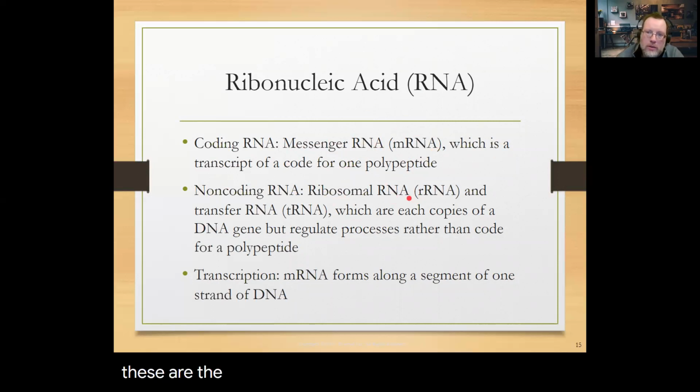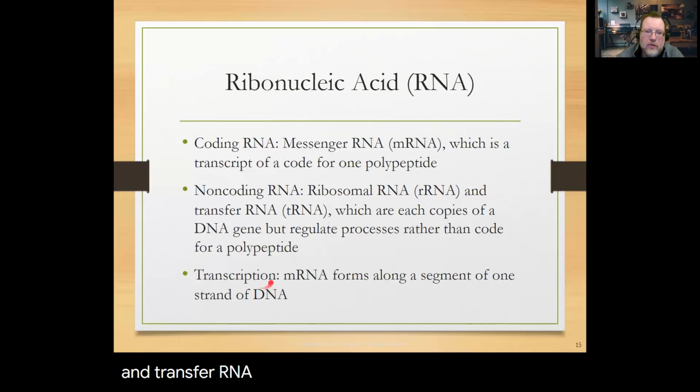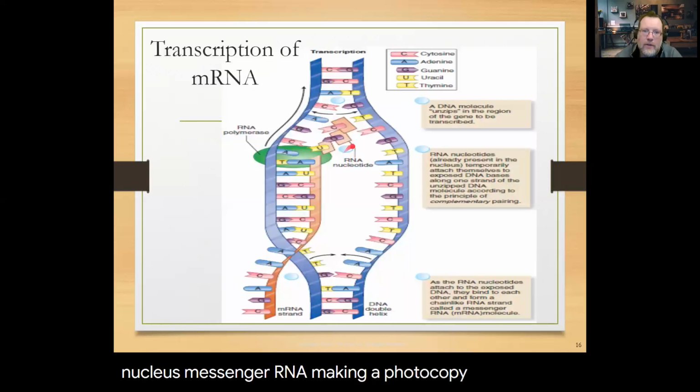These are the helpers. They help read or translate in the cytoplasm what the map says. So these are ribosomal and transfer RNA. Okay, so transcription occurs in the nucleus, messenger RNA making a photocopy. So that's what's going on here, transcription.